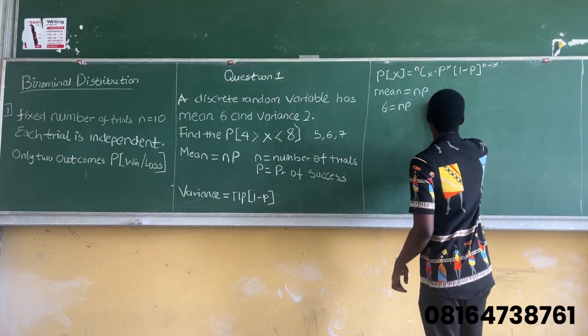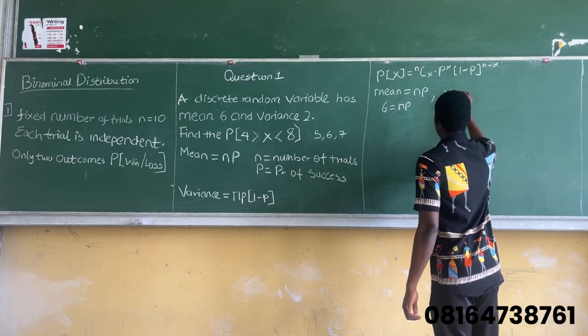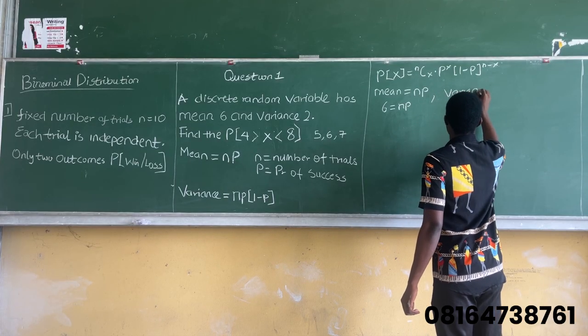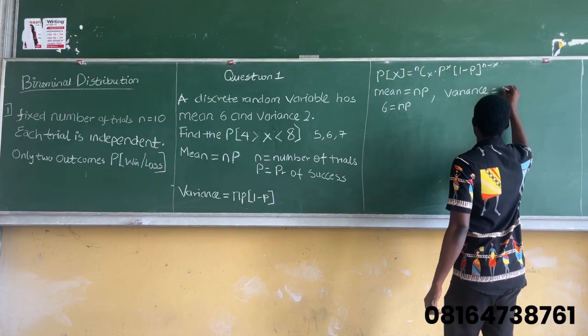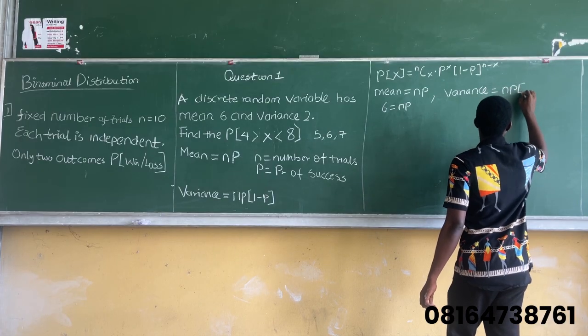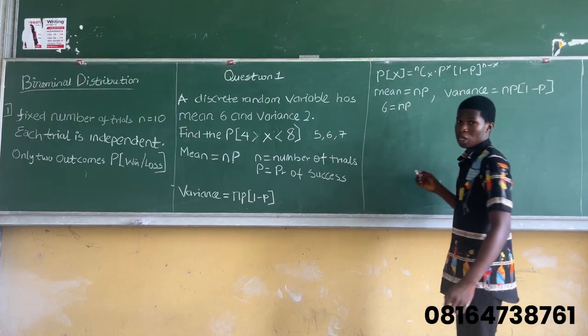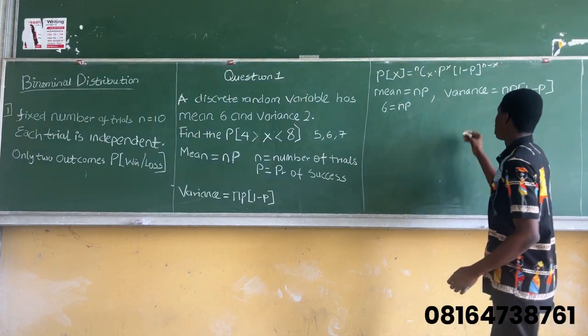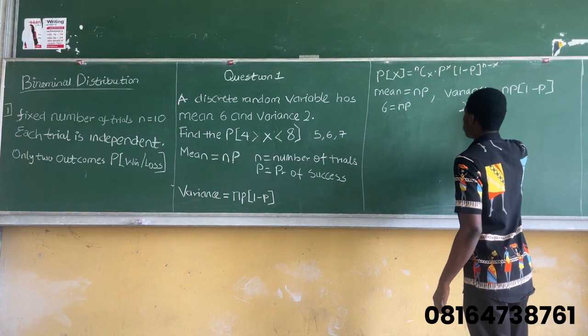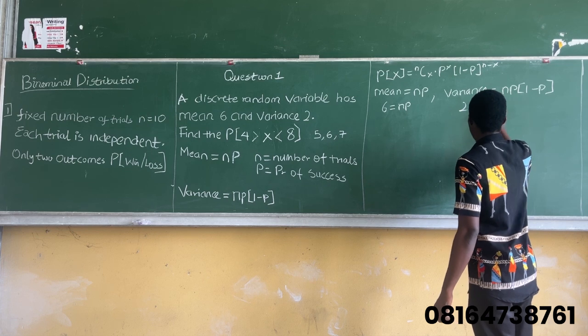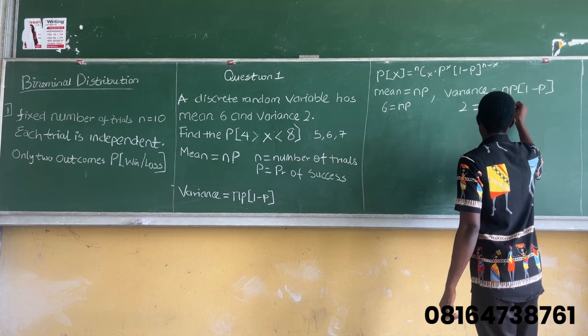And the variance is equal to np(1 minus p). From the problem, we can see that 2 is equal to np(1 minus p).